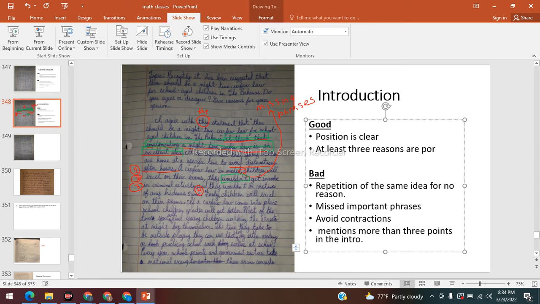Yes, ma'am. So you can't put more than three? No. Why not? Because you're only going to talk about three. So what if you want to talk about four? If you're going to talk about four, that means you're going to have six paragraphs then.